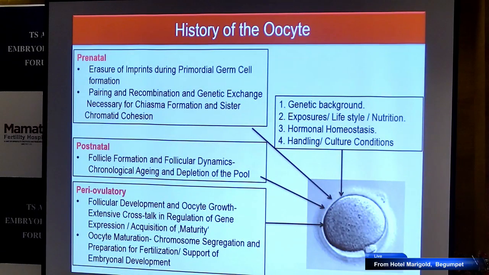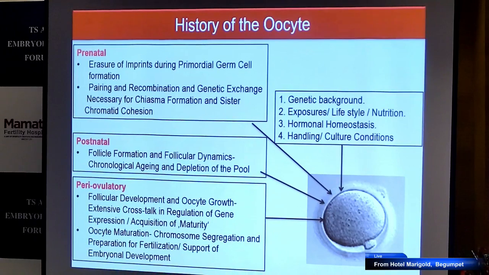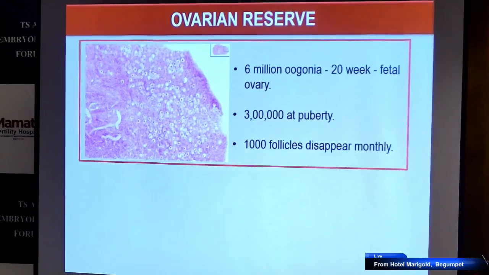From the ovary at the fetal stage, it is undergoing so many changes, through the postnatal period, through puberty, and during the periovulatory phase, where so many influences act on it: the genetic background, exposure to environmental changes, ROS generation, lifestyle, nutrition, hormonal homeostasis, and of course in the lab our culture conditions. So there are a lot of things working on this oocyte.